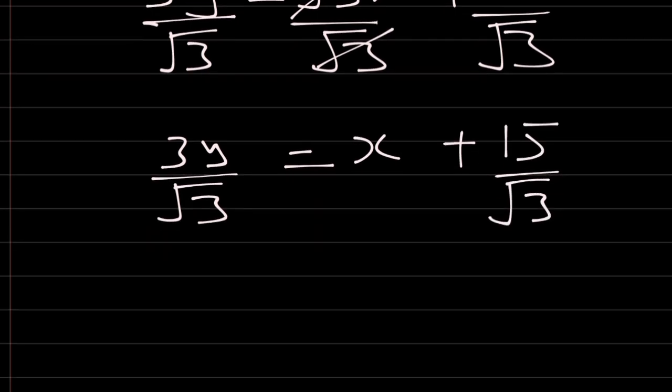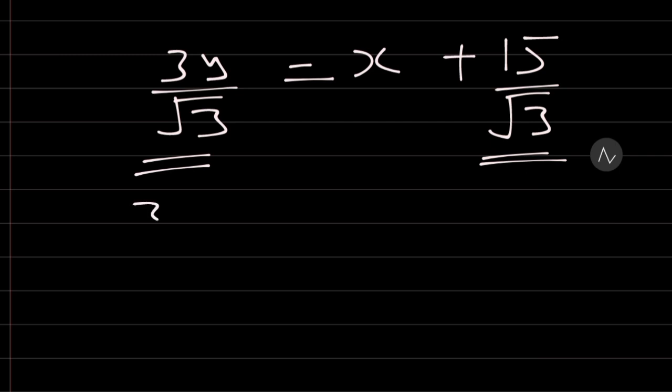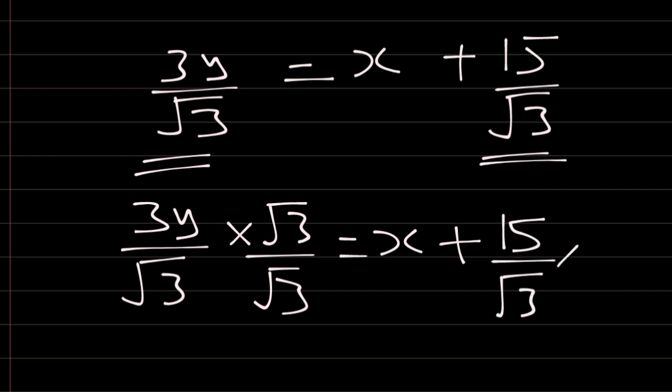And let's rationalize this and this. I have 3y over root 3 times root 3 over root 3 is equal to x plus 15 over root 3 times root 3 over root 3.